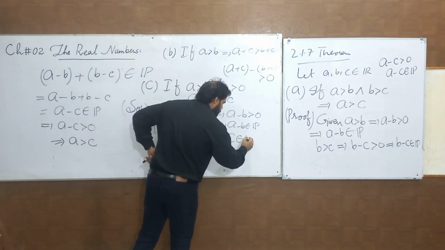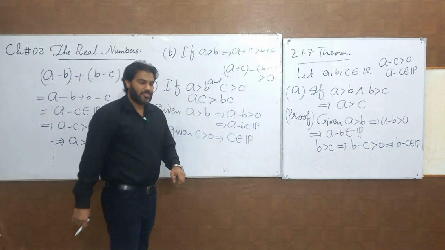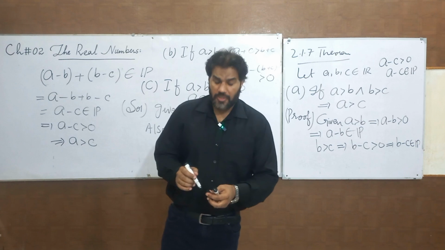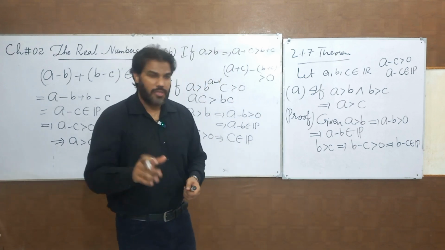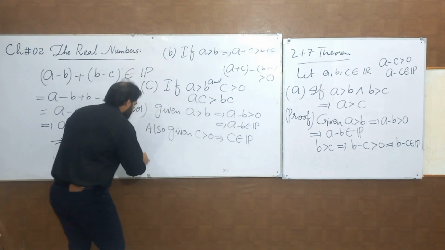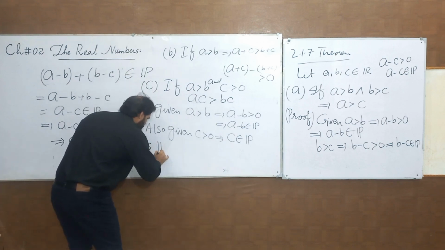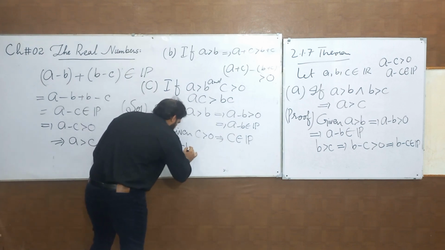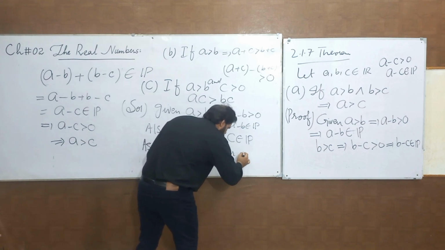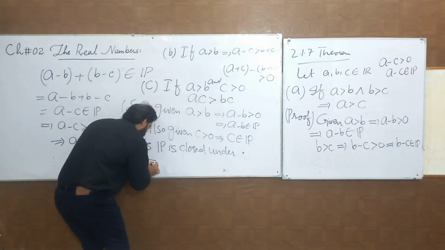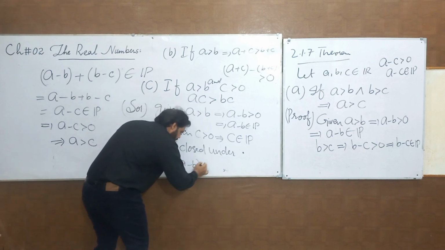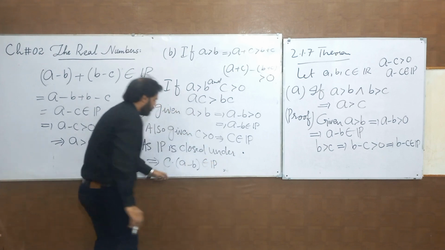This implies C belongs to P. This shows A minus B and C both are elements of P, and P is closed under multiplication, so their product, A minus B times C, also belongs to P. As P is closed under multiplication, this shows that the product C times A minus B also belongs to P. What is this product?